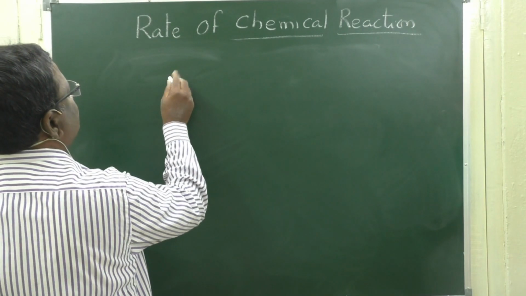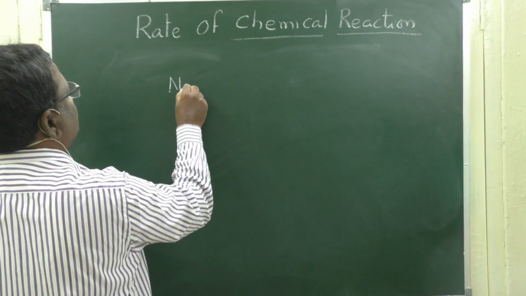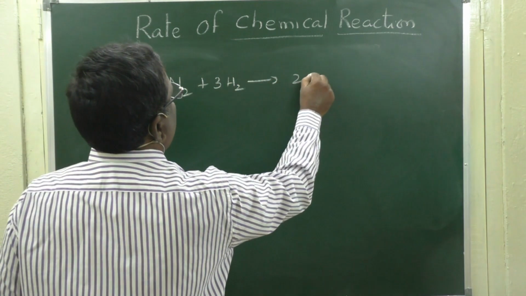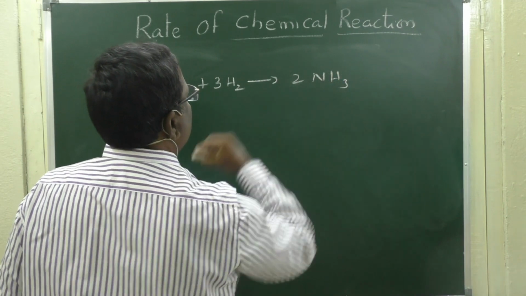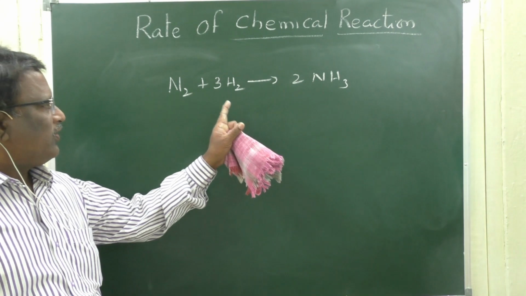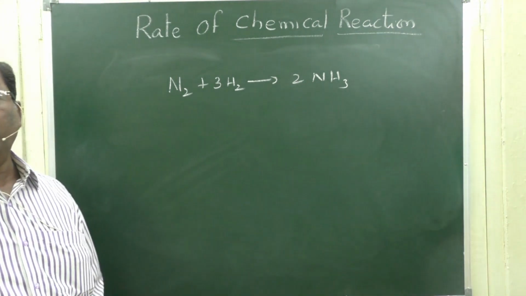N2 plus 3H2 gives 2NH3. Now, we can express the rate in terms of nitrogen, in terms of hydrogen, or in terms of ammonia.